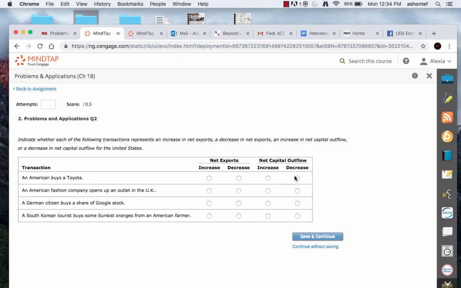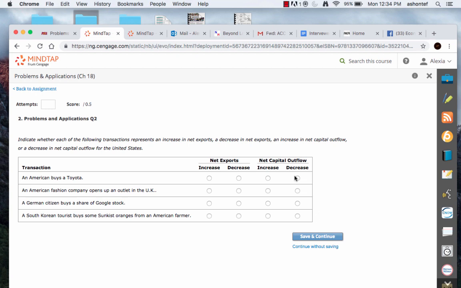What net capital outflow is, it's just the difference between the purchase of foreign assets by domestic residents, so in this case by U.S. residents, and the purchase of domestic assets or U.S. assets by foreigners. So it's another measure that we use in the U.S. to see what's going on.